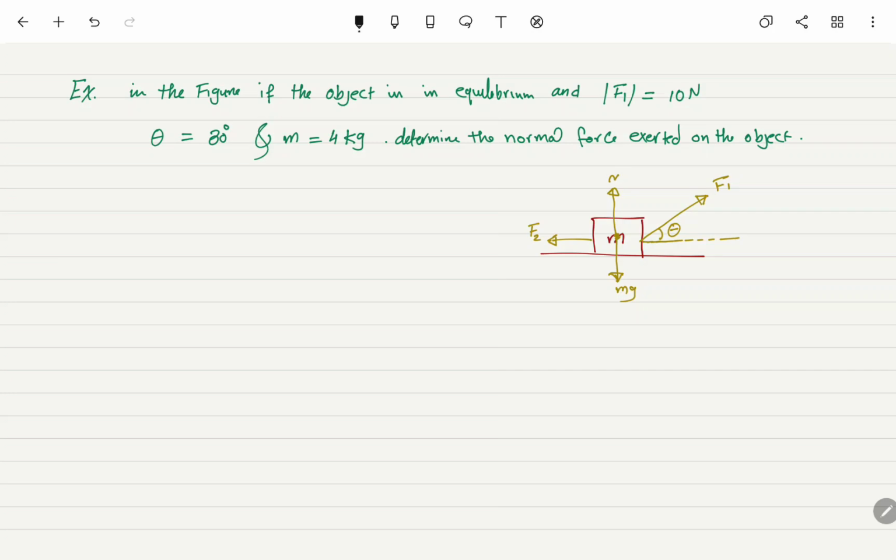So to calculate the normal force in this case, let's analyze F1. Let's draw the free body diagram another way.